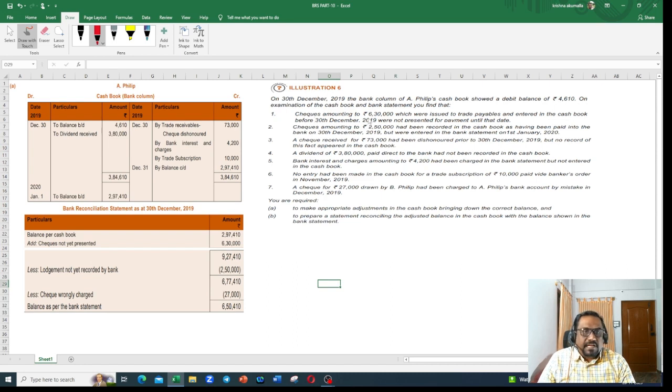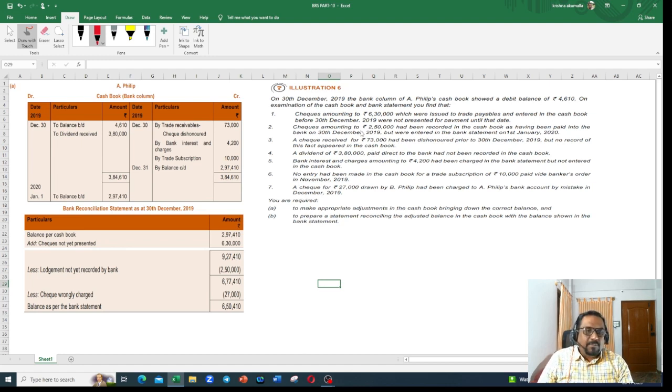On examination of the cash book and the bank statement, you find that checks amounting to 6 lakhs 30, which were issued to trade payables and entered in the cash book before 30th December 2019, were not presented for payment until that date. So the big story given, there is nothing in that. It is checks issued but not presented. As simple as that.